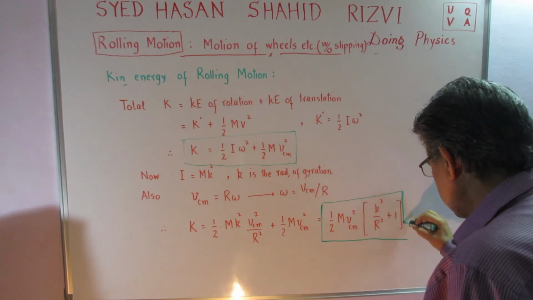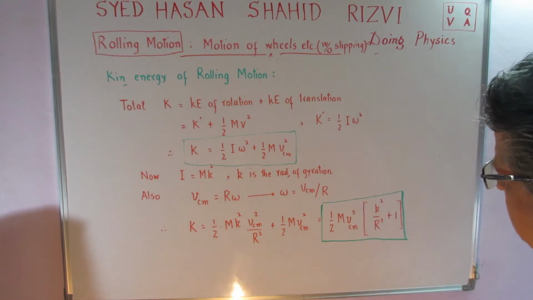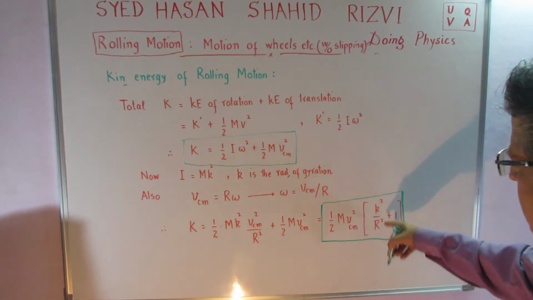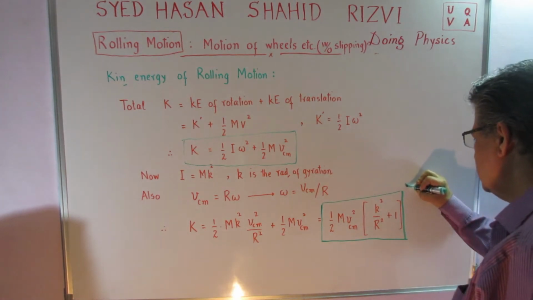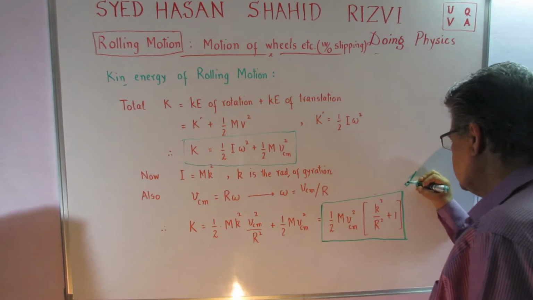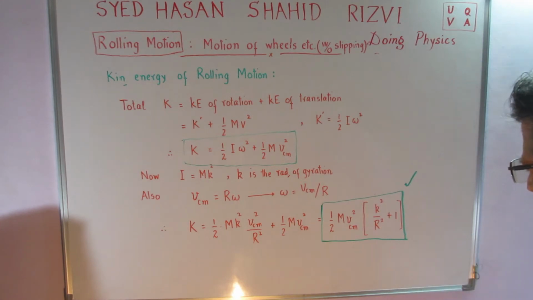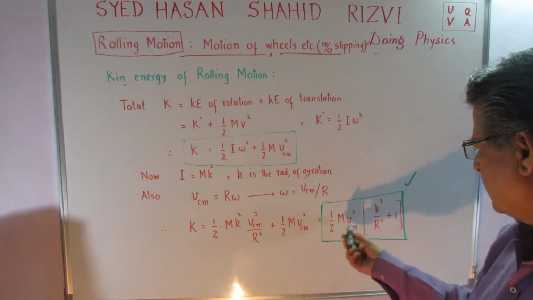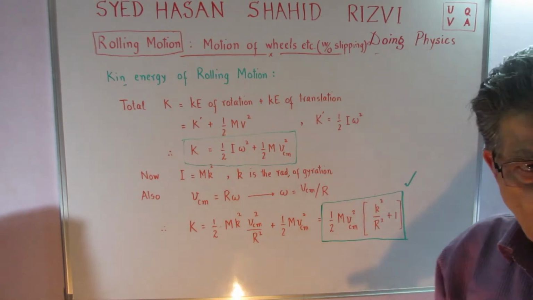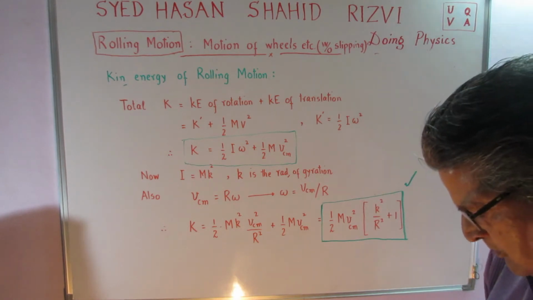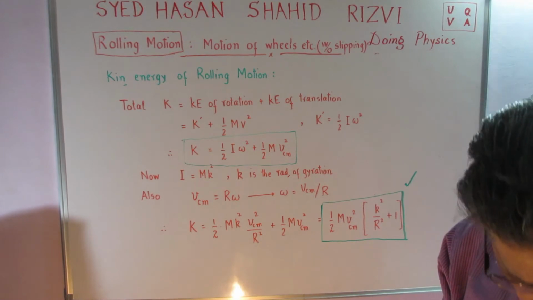In words, it is the translational kinetic energy of the system multiplied by k square upon r square plus 1. I'll make applications of this result in the next example. Okay? K is equal to half m v center of mass square times, k square divided by r square plus 1.